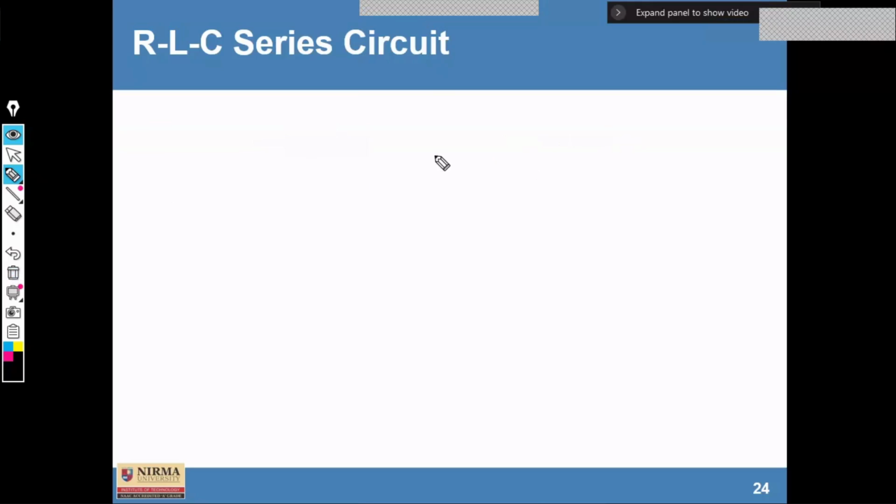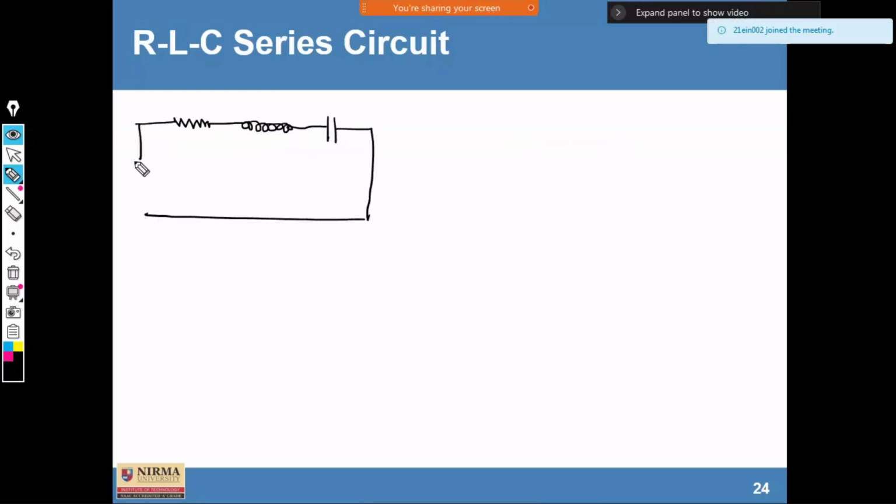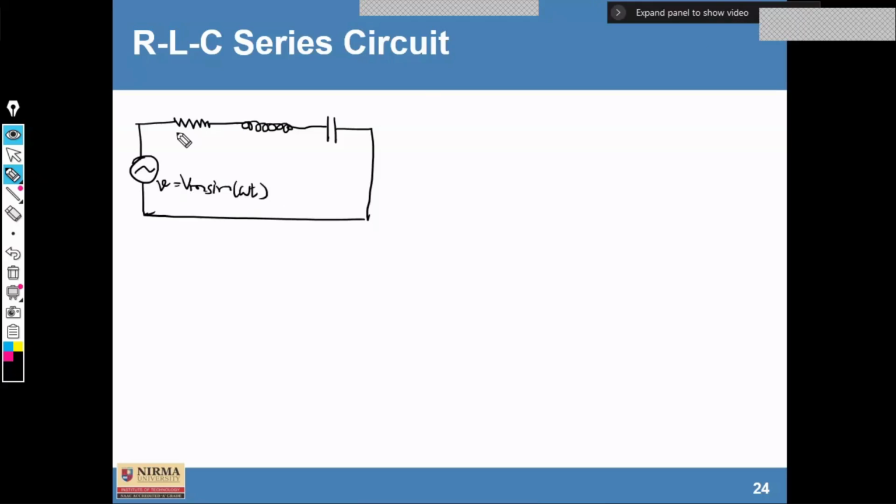So sorry, just the circuit is removed. So inductor is there and capacitor is there. V is equal to Vm sin omega t because it is the source voltage.